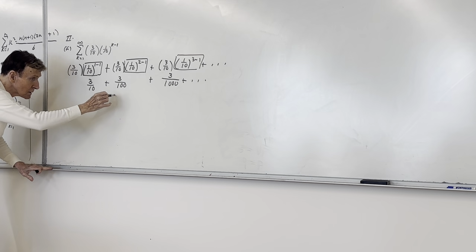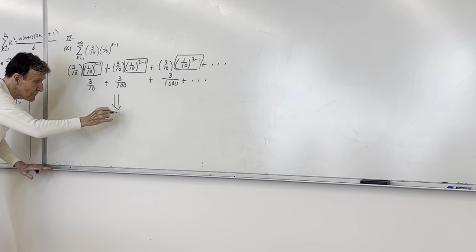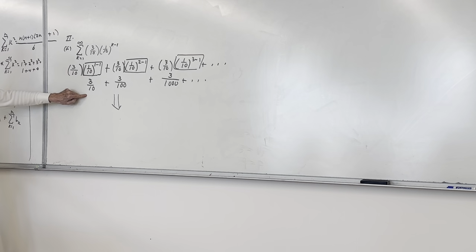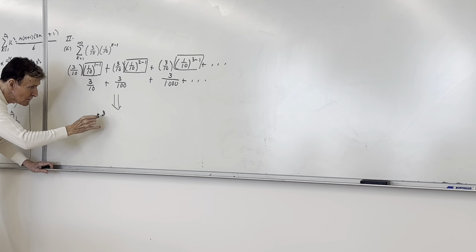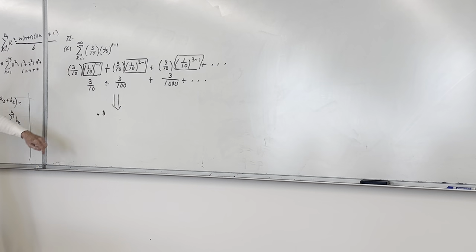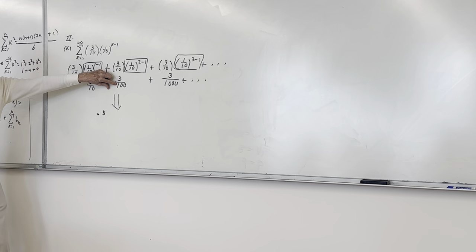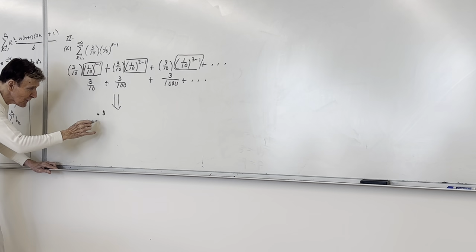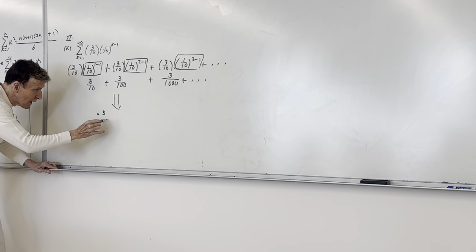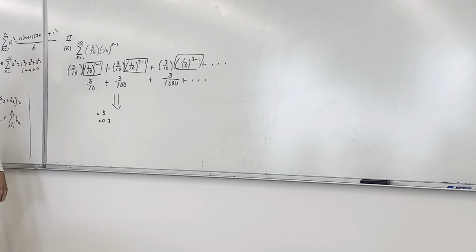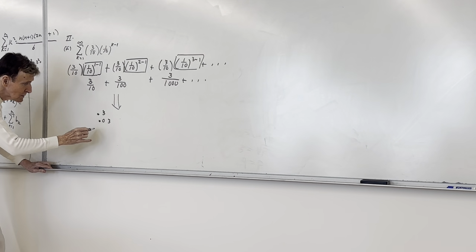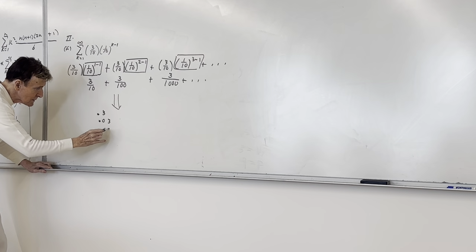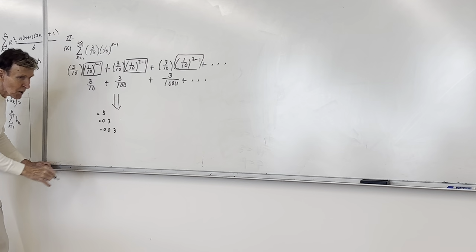Let's look at this. 3/10 could be expressed as, we all know, in decimal, 0.3. It says add to it 3 over 100. That in decimal, if I'm adding, 0.03. 3 over 1,000 in decimal, 0.003, and it's supposed to go forever.